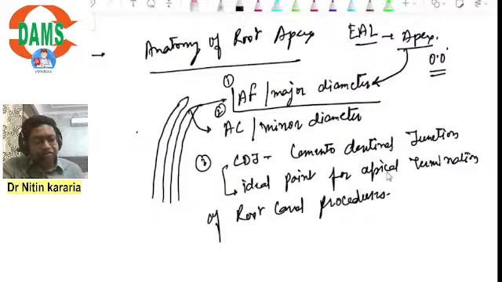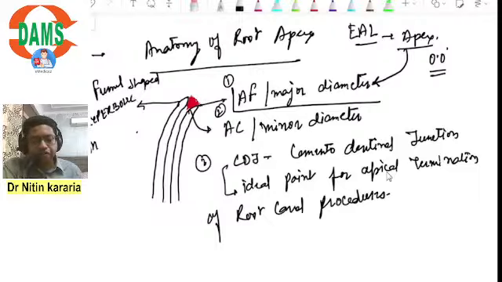Now there is a space between the apical constriction and the apical foramen. This is a fan-shaped space. This space between apical constriction and apical foramen is defined as funnel-shaped, hyperbolic in shape, or shape of morning glory.